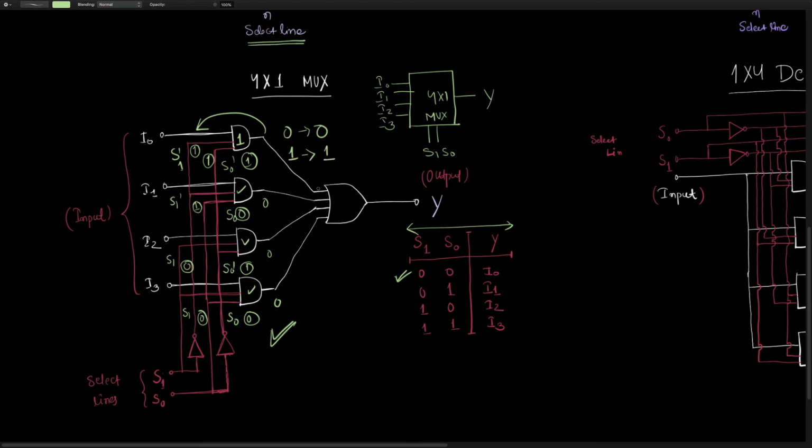So the output would be I0 plus 0, or you can say that output will follow I0. And this is how this multiplexer works. Okay, you can deduce how this particular circuit works in this format.